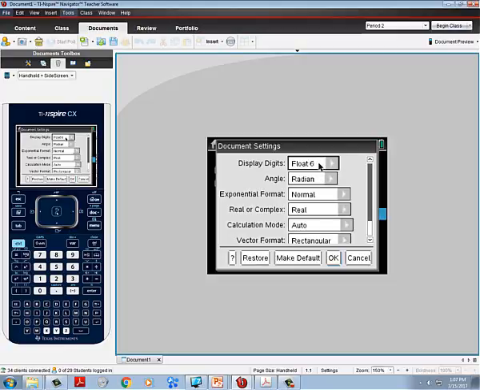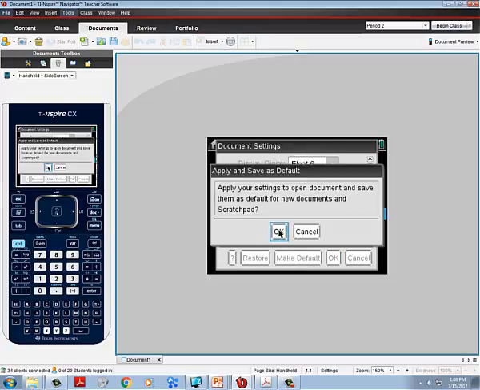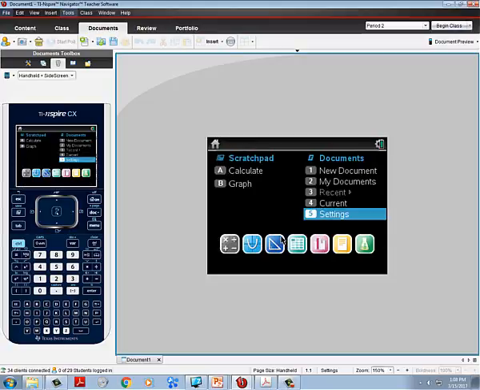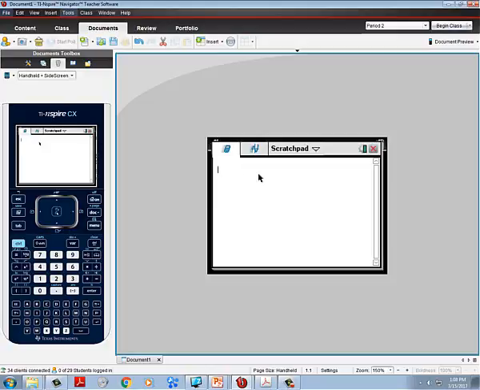All right, we good? Float 6 and radian. Click make default. You want to hit OK to apply it to the scratch pad. You want to make sure you check that before you take a test. Then go ahead and grab calculate.